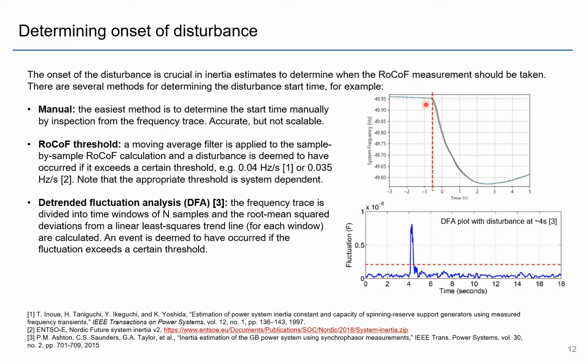And at the point where there's disturbance, you will find that the trace or the root mean squared deviation of the trace from the trend line just gets very large, which kind of seems obvious when you see this particular disturbance, and you deem an event to have occurred or to have started when it breaches a certain threshold. So Ashton has claimed that this is a lot more accurate than the Rockoff threshold.